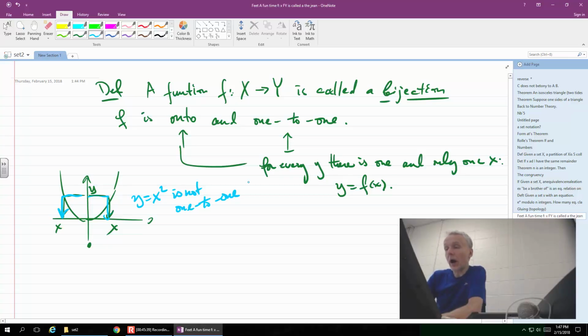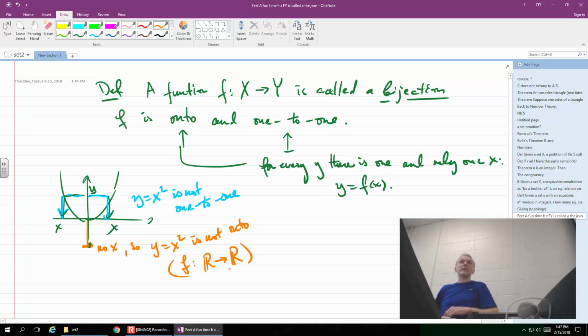But it's also not onto, because there are values of y, such as this one, with no x, so y equals x squared is not onto. So if you think about this function as a function from R to R, as we frequently do, then it is neither one-to-one nor onto.